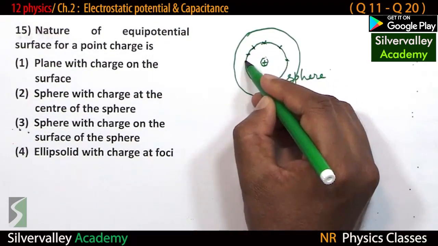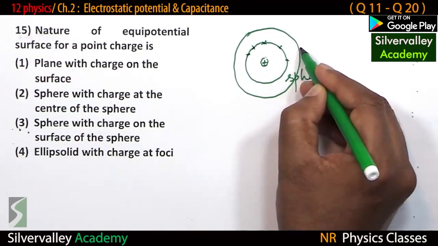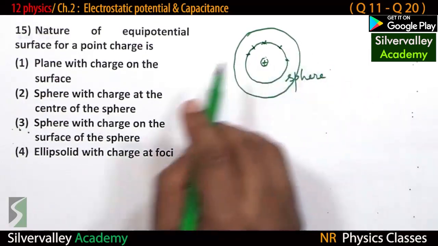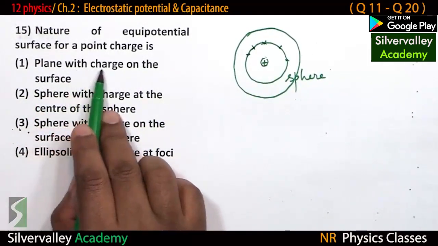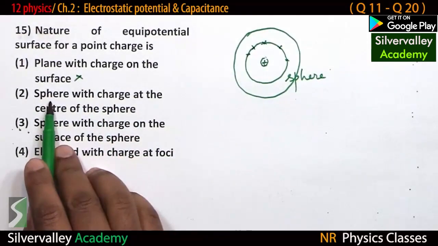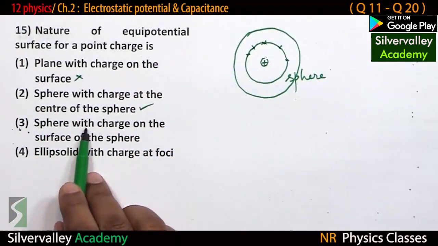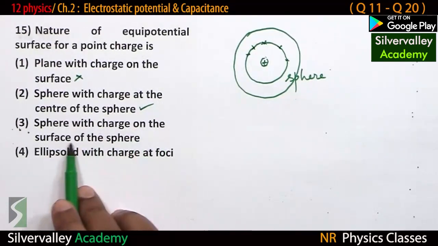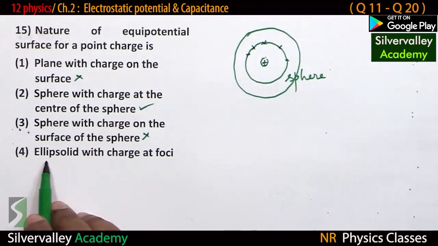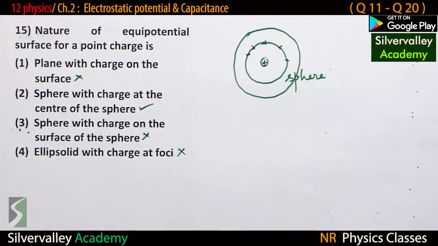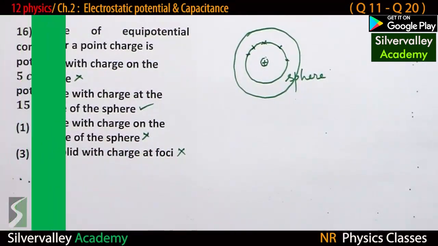That is why this is an equipotential surface. This is another equipotential surface. Plane with a charge, no. Sphere with charge at the center, yes. Sphere with charge on the surface of the sphere, no. Ellipsoid, no. It is this.